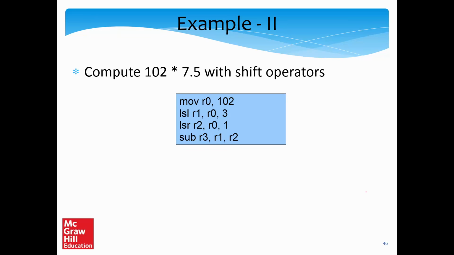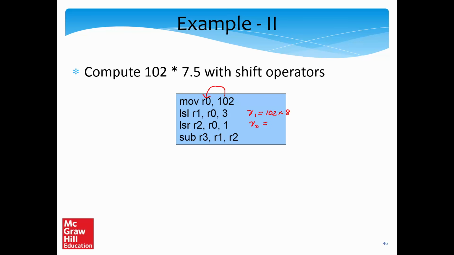So let's consider one more example, which is not that difficult once you know the answer. So let's compute 102 times 7.5 with the help of shift operators. The first thing is to assign 102 to a register R0. Then we shift it to the left by 3 positions, which means R1 is equal to 102 multiplied by 2 to the power 3, which is 8. And then we shift it to the right.